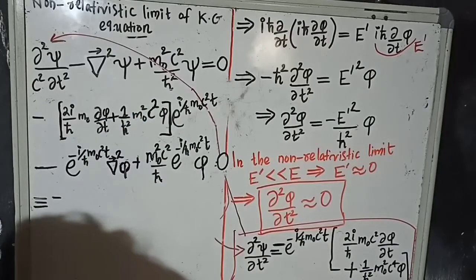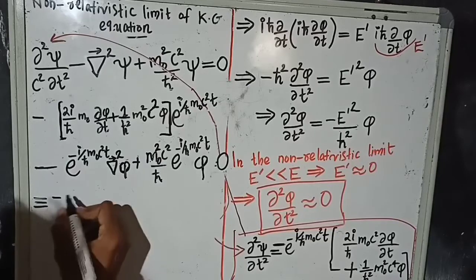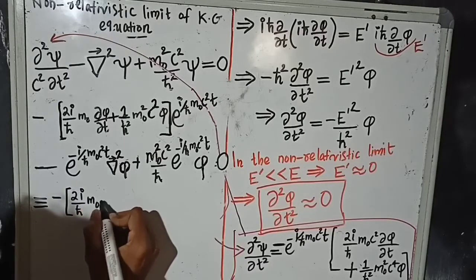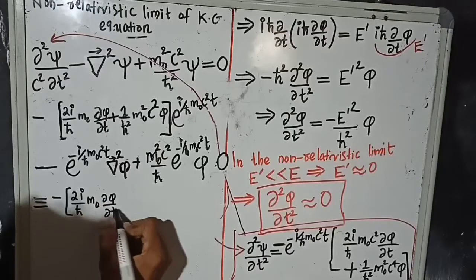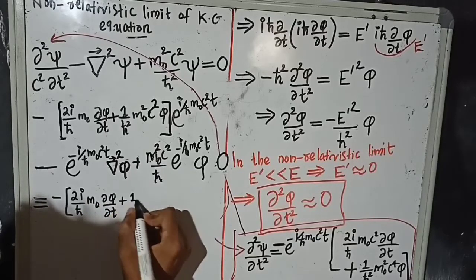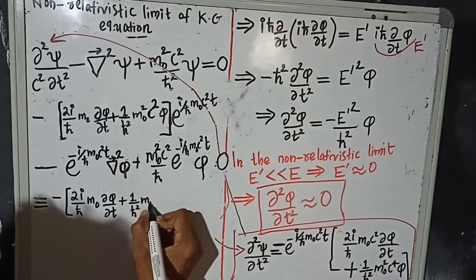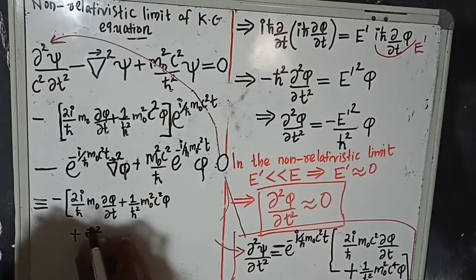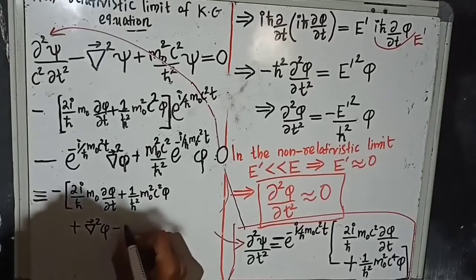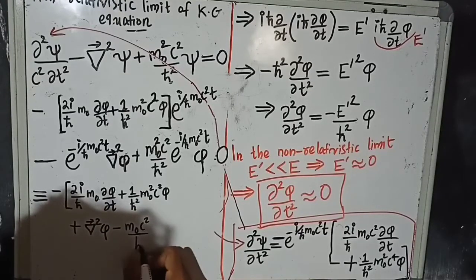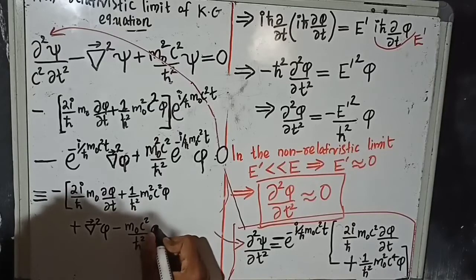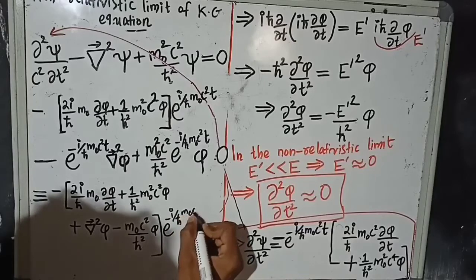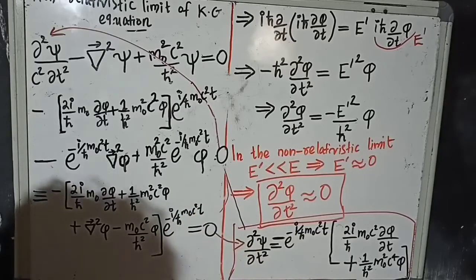As a next step, let me take a minus sign and the exponential part common from this whole equation. This gives minus times (2i/ħ m0 ∂φ/∂t plus 1/ħ² m0² c² φ plus ∇²φ minus m0²c²/ħ² φ) times e to the power minus i/ħ m0 c² t is equal to 0.